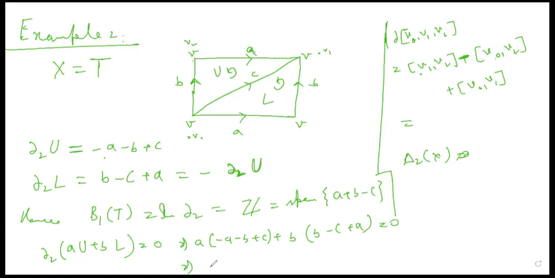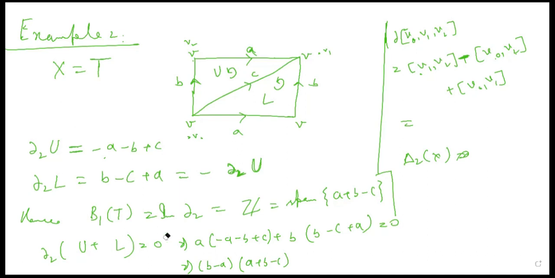a minus, this you can write as b minus a plus b minus c. A and b we have already used, so we have to use something else.